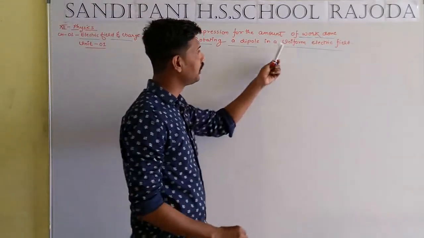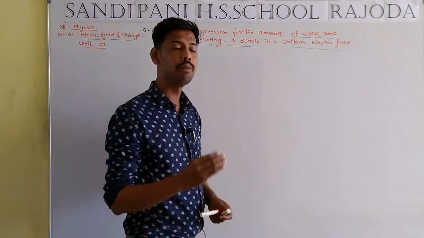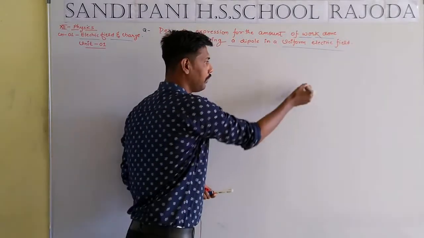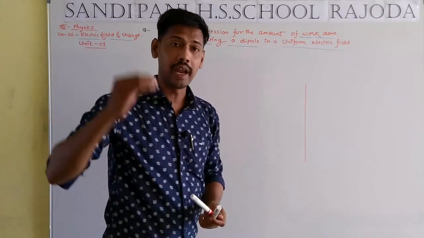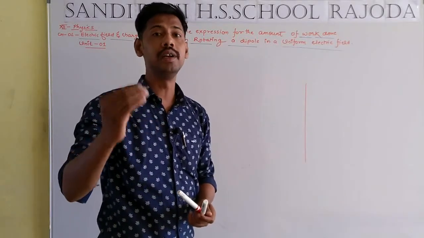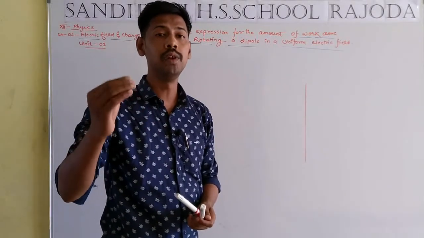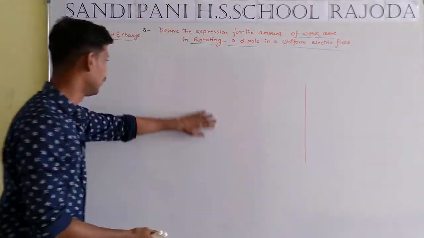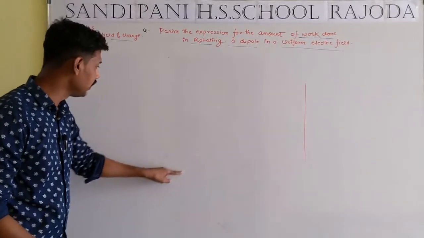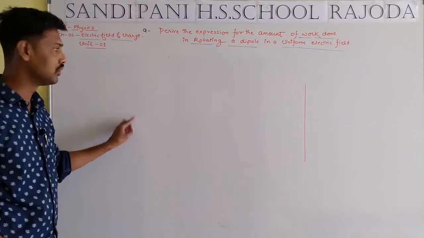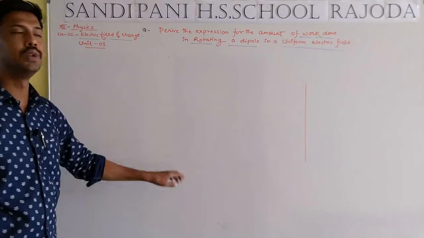Firstly, we introduce what is the meaning of the uniform electric field. Uniform electric field means a field in which at any point the intensity of the electric field is constant, just like a board. At any point the intensity of whiteness is constant, so its parts are known as uniform.